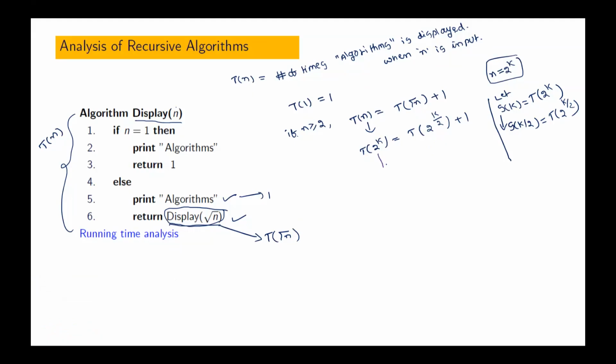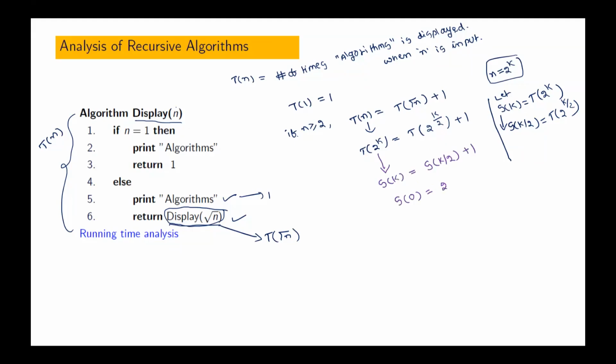So now what happens to this recurrence relation? S of k equals S of k by 2 plus 1. Is that okay? Yes. Now what is S of 0?